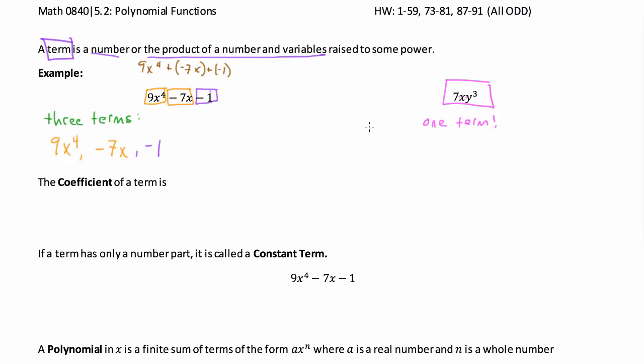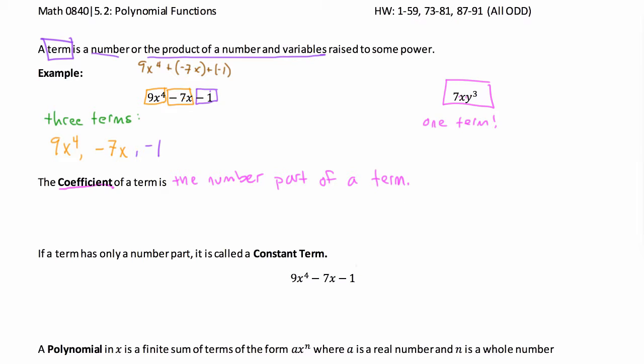So one thing that we'll talk about, and we've talked about this a little bit so far, is the coefficient of a term. And a coefficient is the number part of the term.